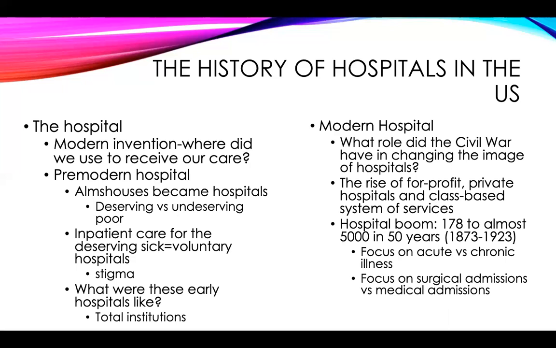And now, of course, you can see that a hospital is a combination of both. There are people in there with acute illnesses, but this is also where people wind up when they have chronic illness related problems. There are surgical admissions, but there are also people who get admitted to hospitals just to receive medical care not related to surgery.